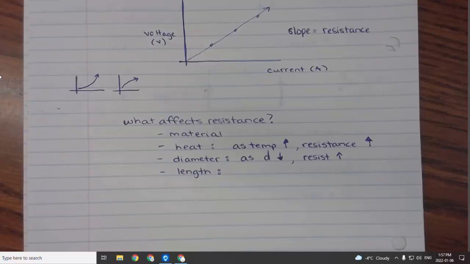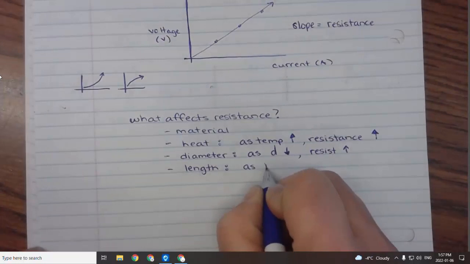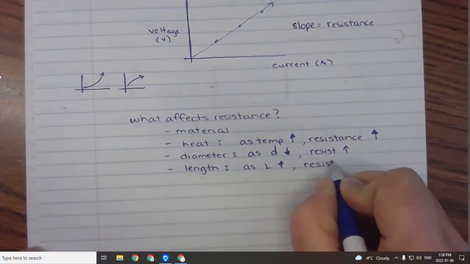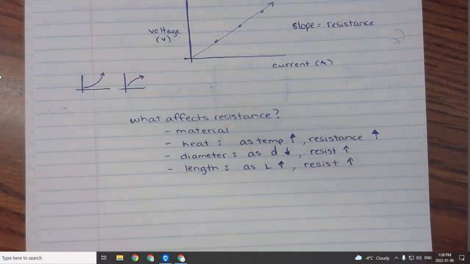If the conditions were the same, it would take more energy to go all the way down the hall than it would to only go halfway down the hall. So as the length of the resistor goes up, then the resistance is also going to go up.